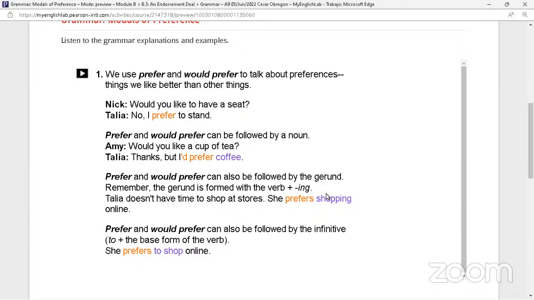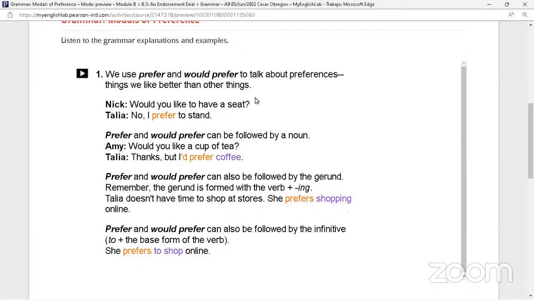Here, right? I can use she prefers shopping or she prefers to shop. So what's the difference, or is it indistinct? Sometimes they mean the same. But let's go by parts.